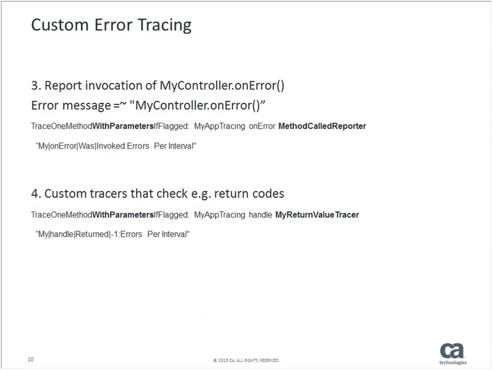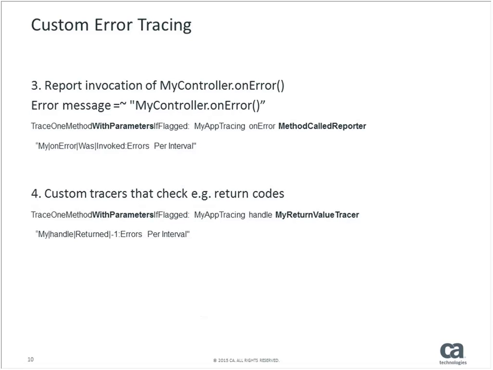The third use case is that you have some kind of method that is called if an error condition occurs, for example a method myController onError. So every time I have an error in my controller, I call onError and do the error handling there.